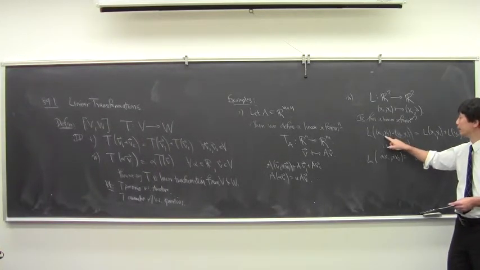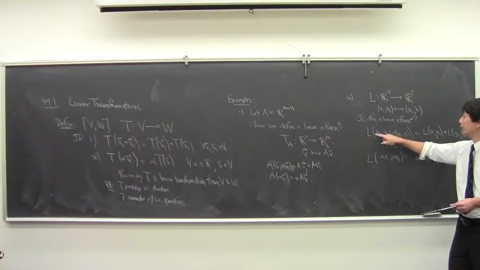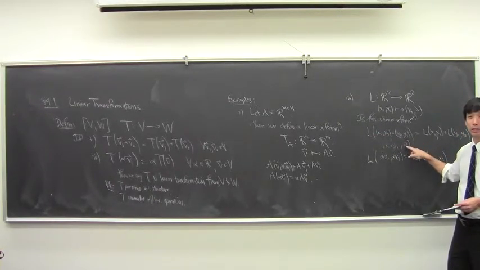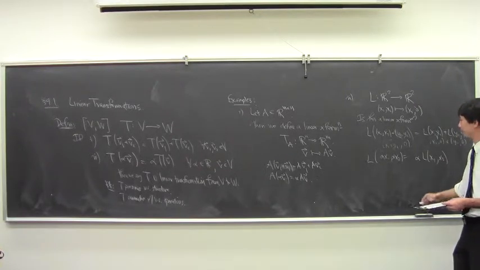You add these two things together, and the L transformation says just get rid of the y value and change it to 0. Over here, we're going to get (x1, 0) plus (y1, 0). Are those equal? Yes, they are equal. So preservation of the addition is okay.